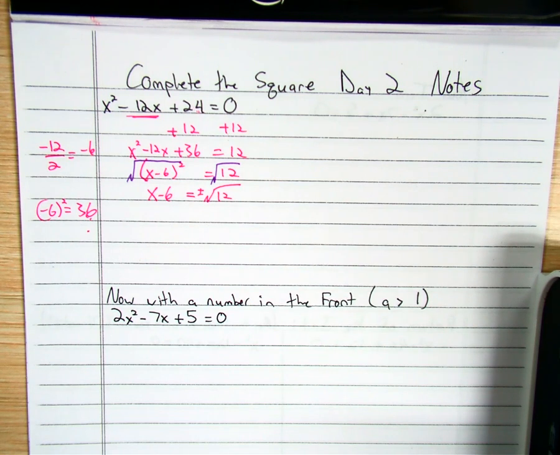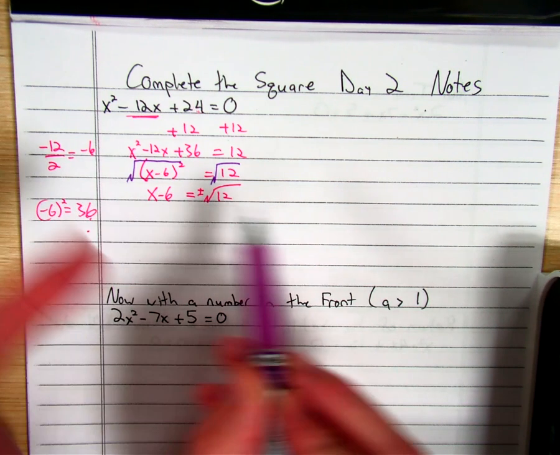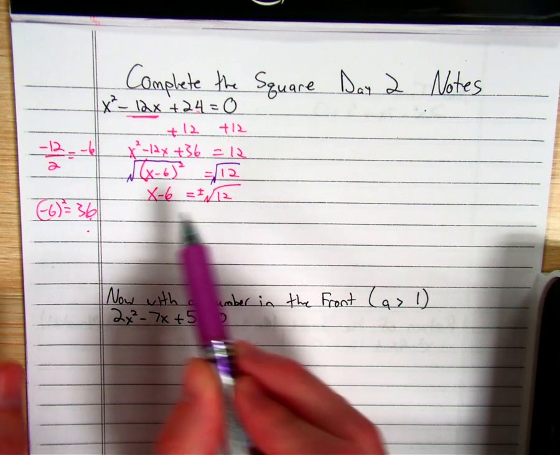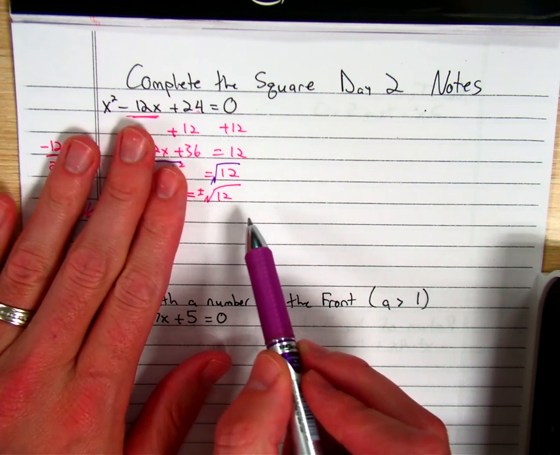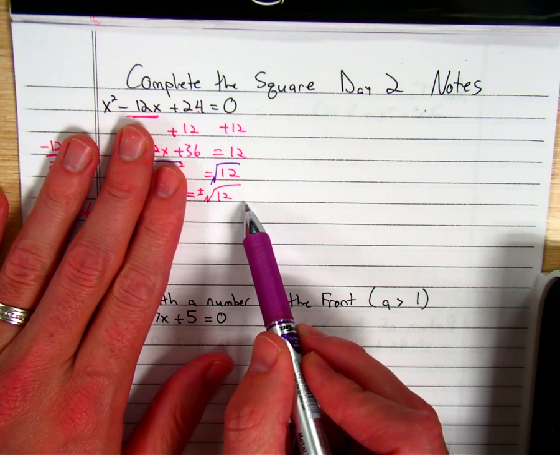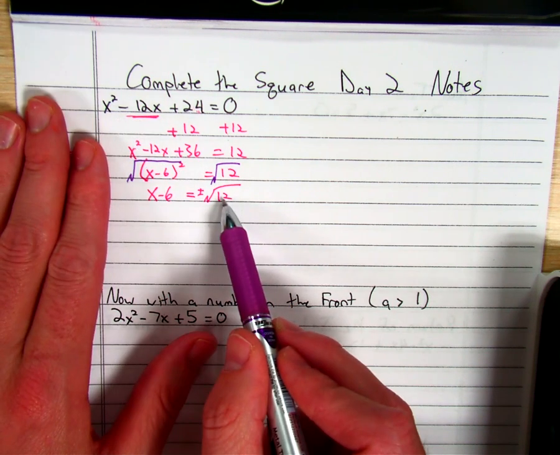Okay? Again, I don't care what order these next two steps happen in. They just need to happen. I have one that I prefer. We need to get the 6 over there to get x by itself, and we also need to reduce the radical. I like to move the 6 first, because I think if you reduce the radical to 2 radical 3, you're going to be tempted to put the 6 and the 2 together.